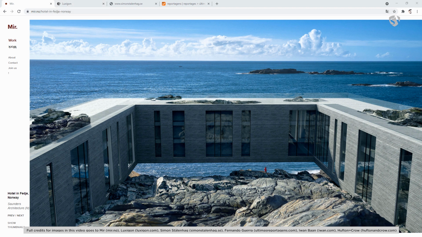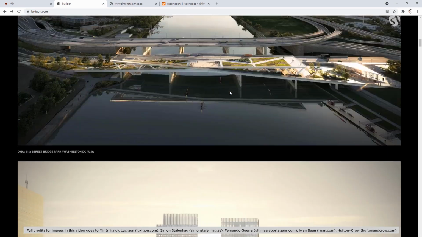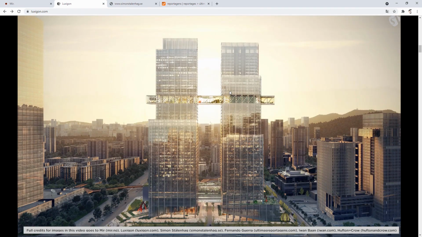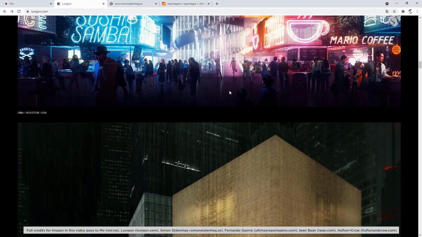Mir is well known for the natural, realistic style and moods. Luxigon is a little bit more crazy and, I would say, futuristic, or anyway, painty style.